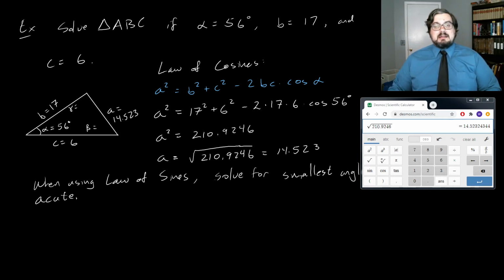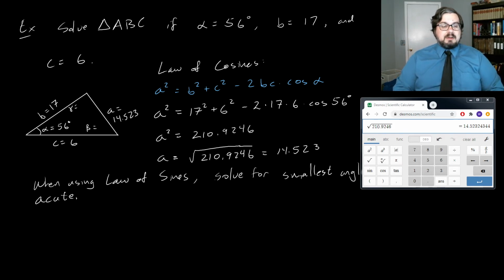It's in fact, the two smallest angles in a triangle always have to be acute. And so when you are at this point, you know the lengths of all three sides, which means that you know which one of the angles is smallest. You can always go for that one because only one answer will ever be correct on that. You will only ever get an acute angle out of that.